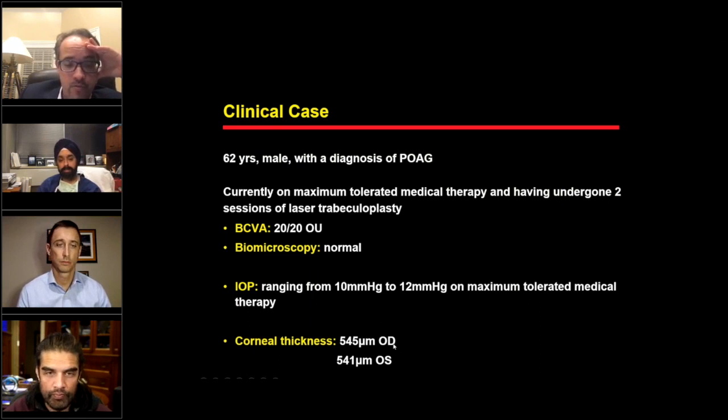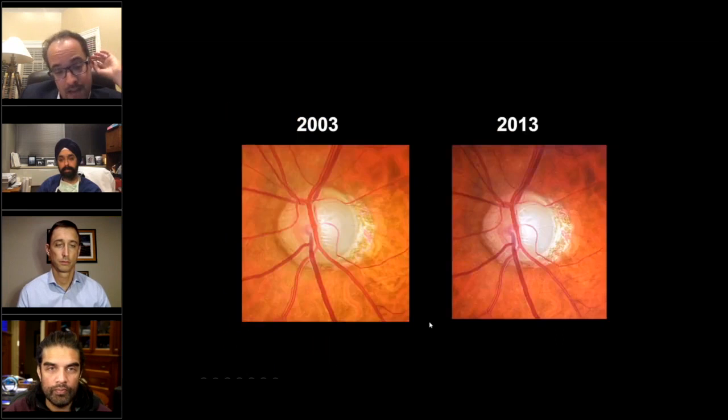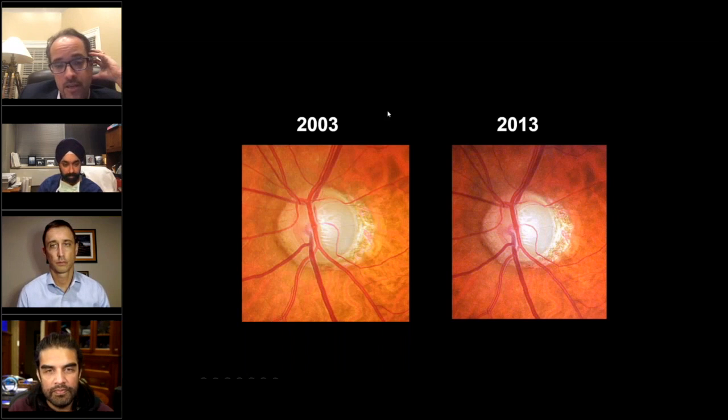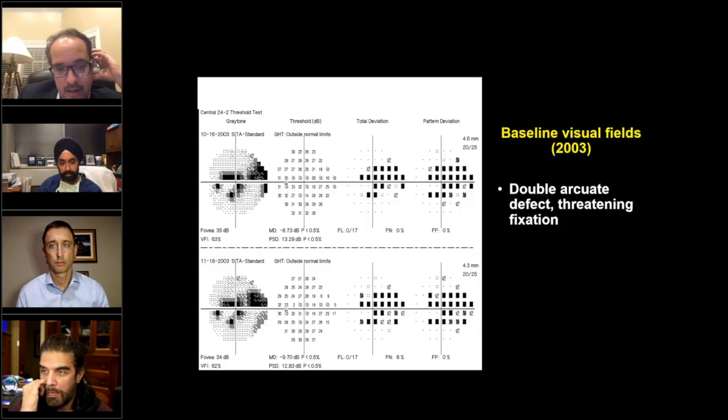His corneal thickness was about average, 545 in the right eye and 541 in the left. As you can see here, I'm illustrating the left eye, you can see that he had pretty severe damage to the optic nerve. This shows the nerves from 2003 to 2013. It's hard to see any changes here because the nerves are already quite damaged.